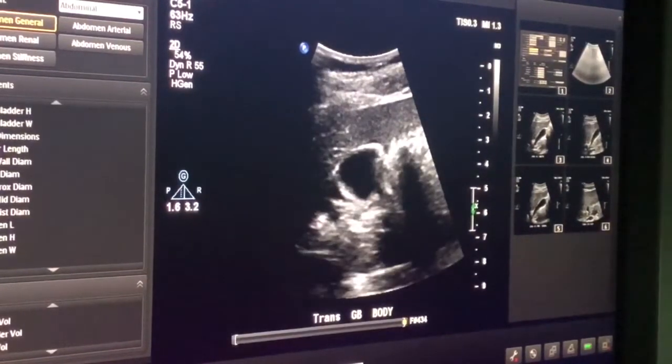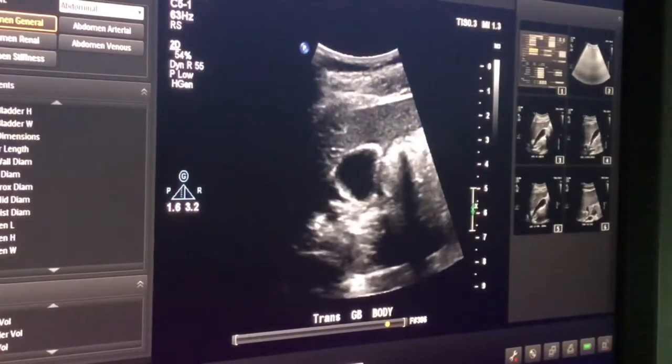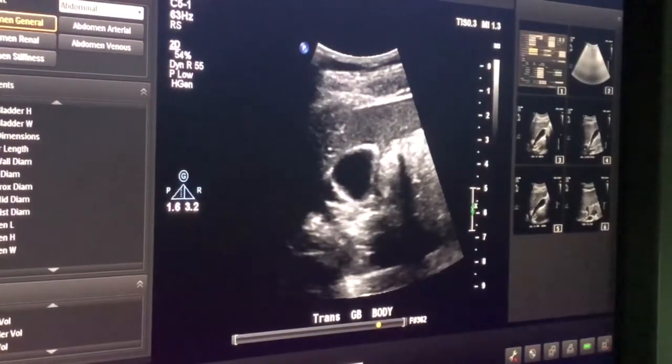Okay, breathe, patient. So here I have clear borders around the body with minimal internal echoes. I'm going to take that.